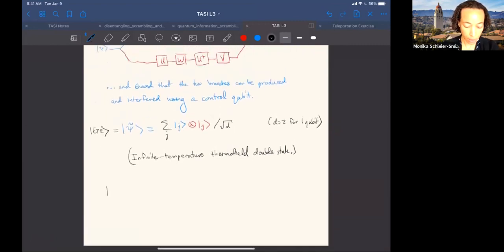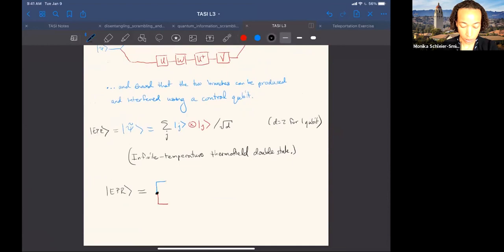And just to develop some nice graphical notation, we can represent this. If I have a pair, two copies of the system entangled, I'll represent that by, I won't use color forever, but for the moment I'll use it as a guide. So the blue and the red are representing my two copies of the system.